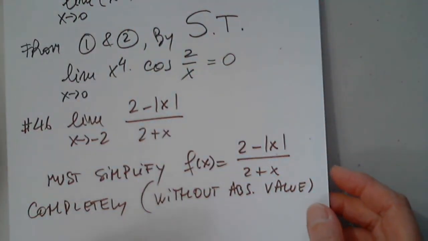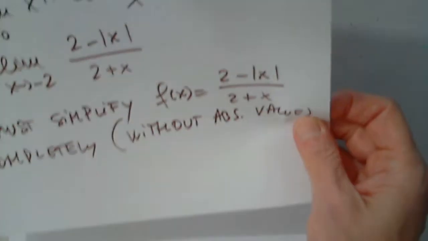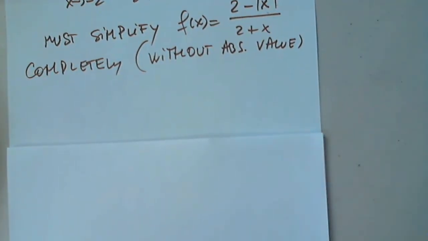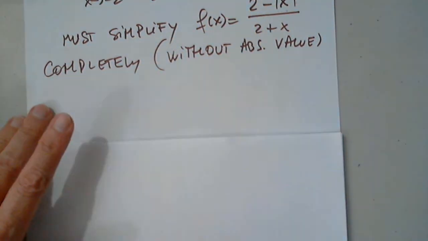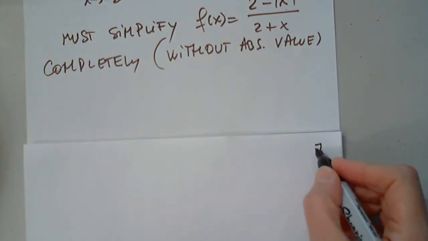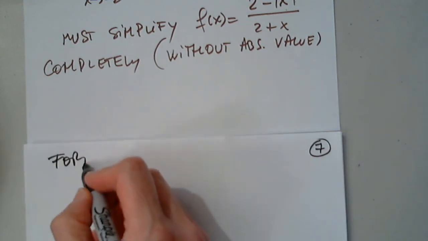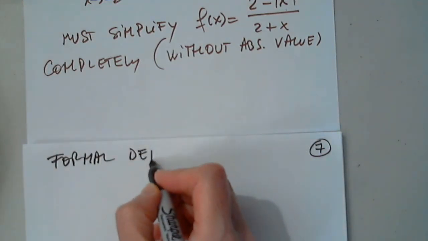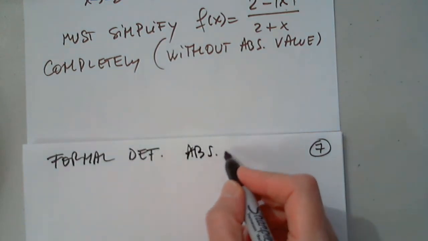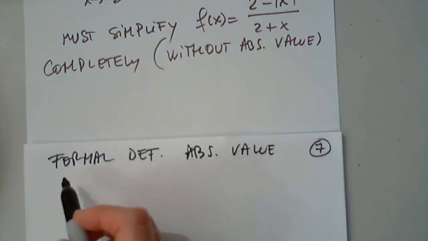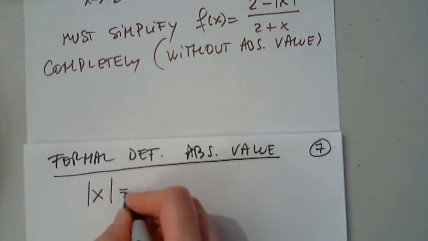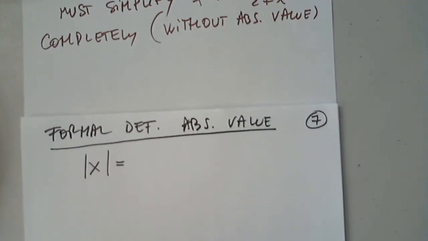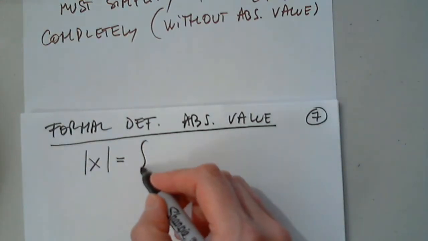Okay, so let's review. I don't have enough room here, so I'm going to move on to the next page. So let's review the formal definition of the absolute value. So the absolute value of x, what does it equal to without absolute value?